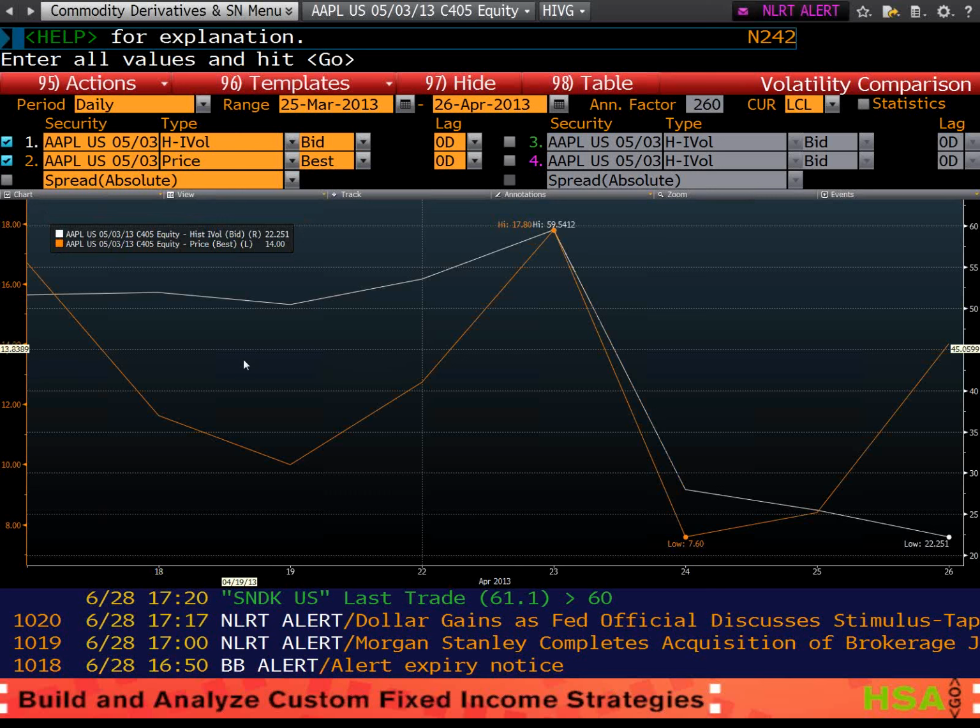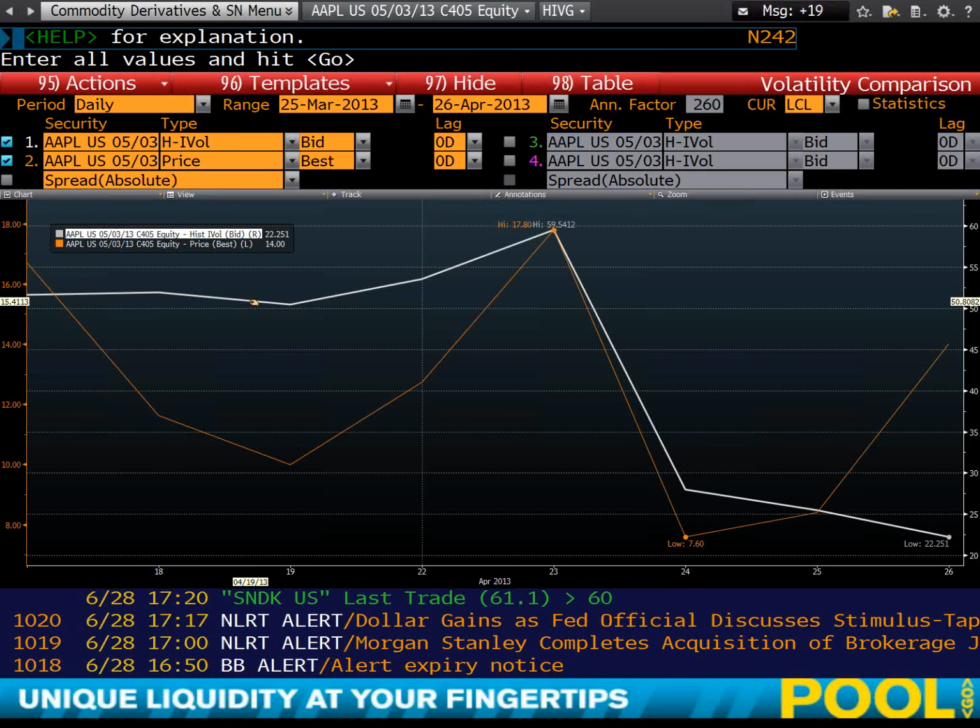Okay, so look at this for a second. Yeah, maybe you can see a little bit here. Let's assume that the volatility is further back than the 18th of April, which is as far as the data goes back, were 30.